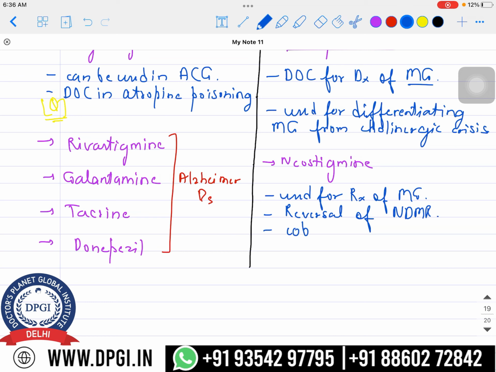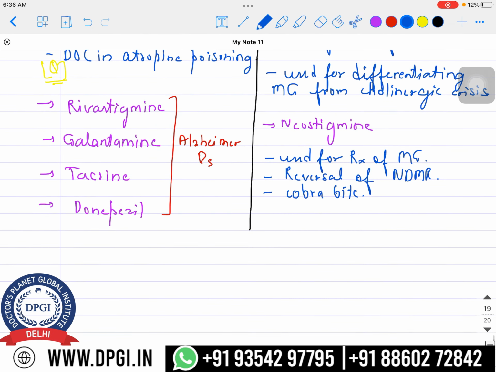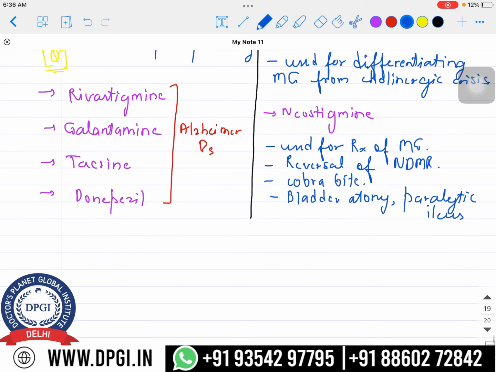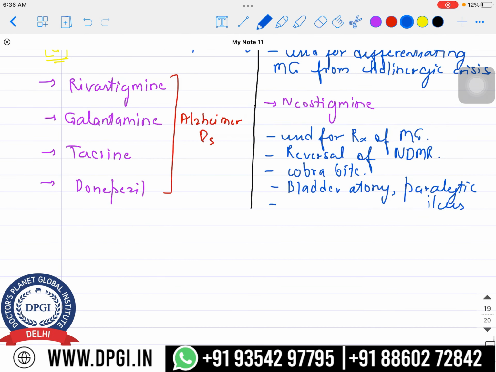It can be used for cobra bite, for bladder atony and paralytic ileus. It can be further used in curare poisoning.